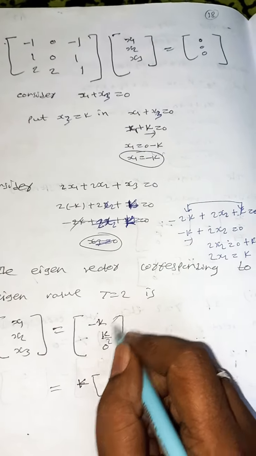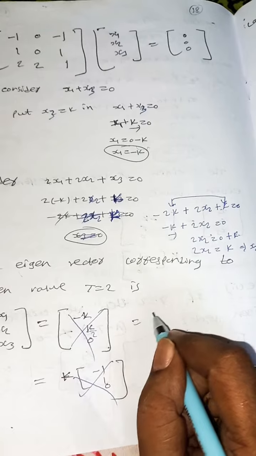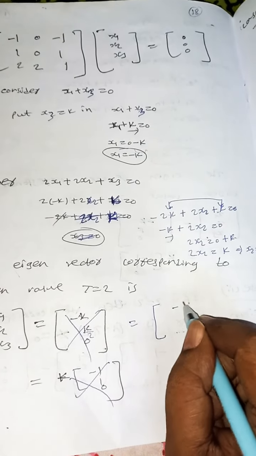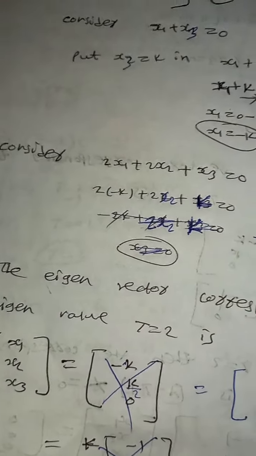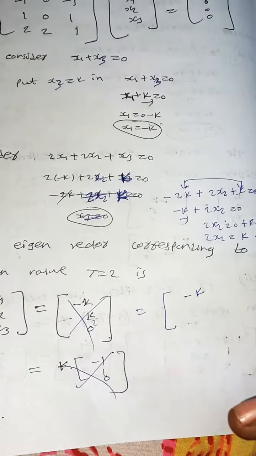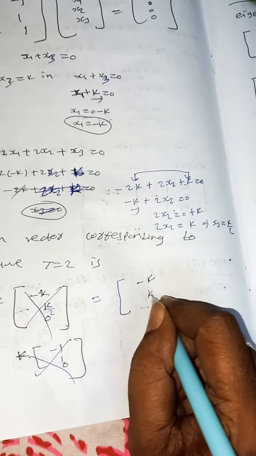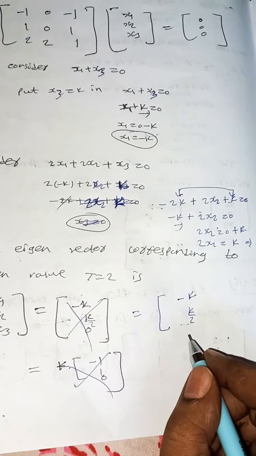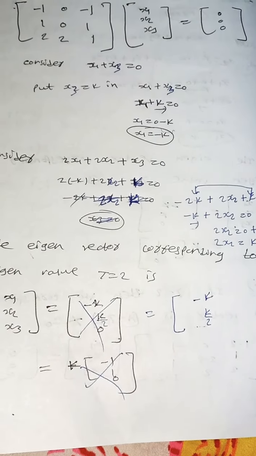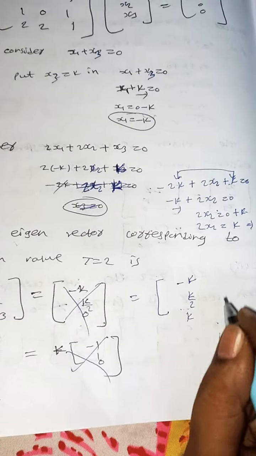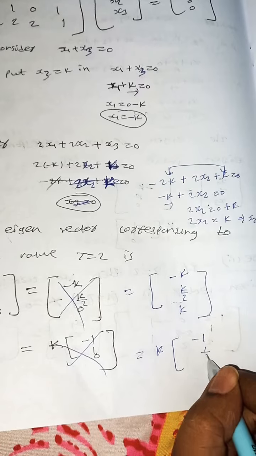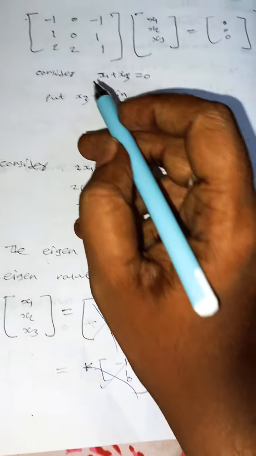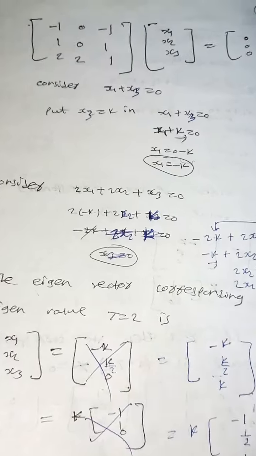So x1 is minus k, x2 is k by 2, and x3 is what we assumed, k. If you take k outside, what are the remaining values? Minus 1, 1 by 2, 1. So with this, the small mistake is corrected.